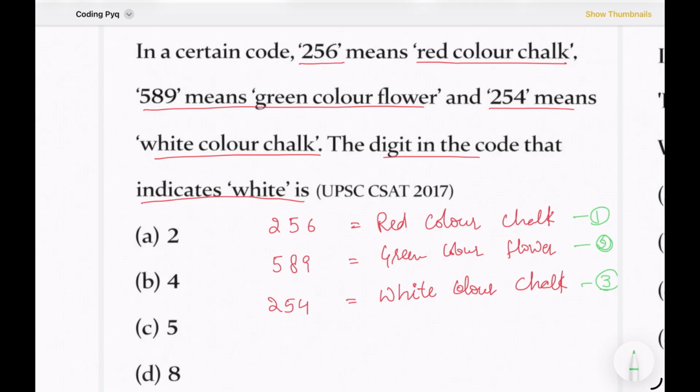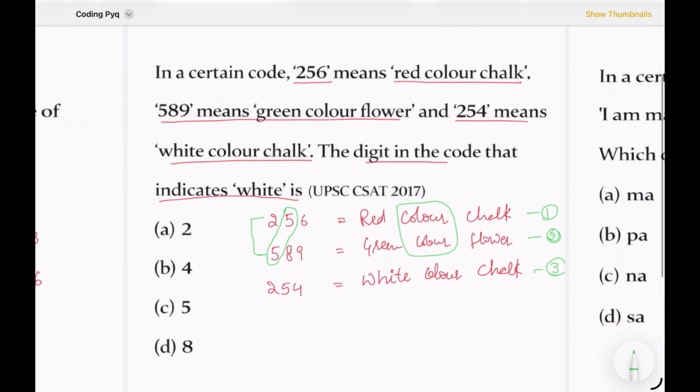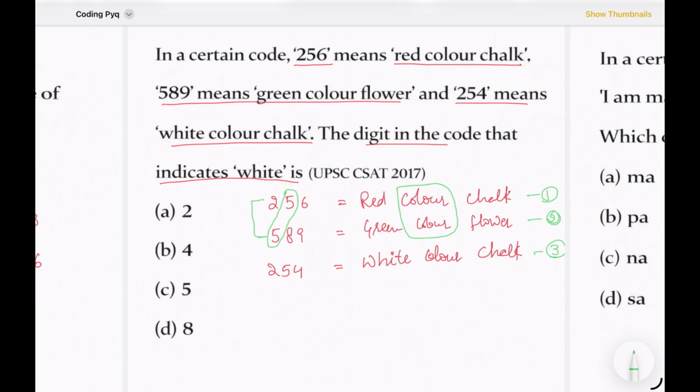In first and second equation, we have 5 common, and which word is common? That is color. So from first and second we got that 5 represents color.